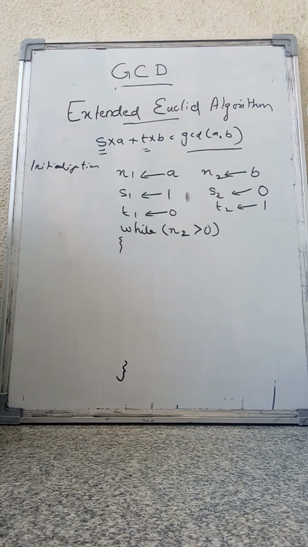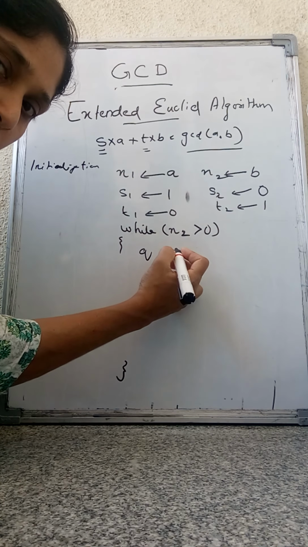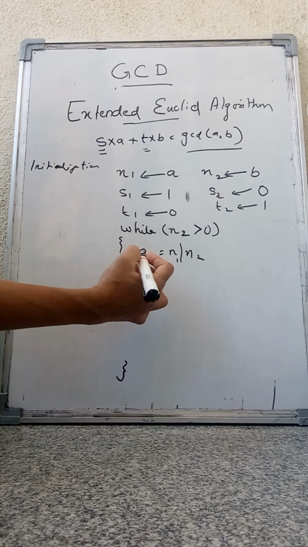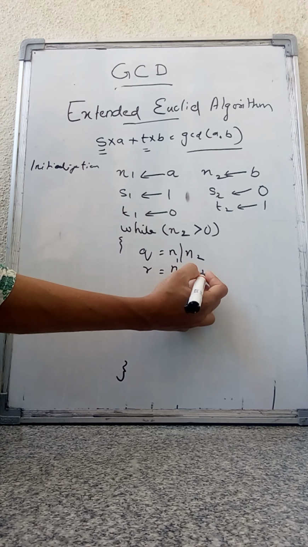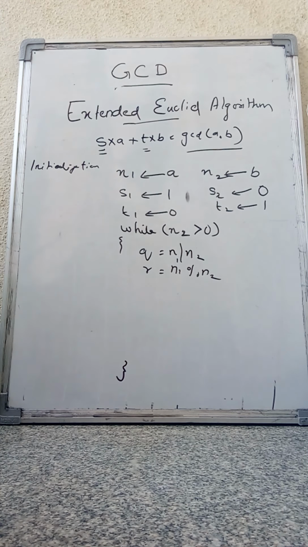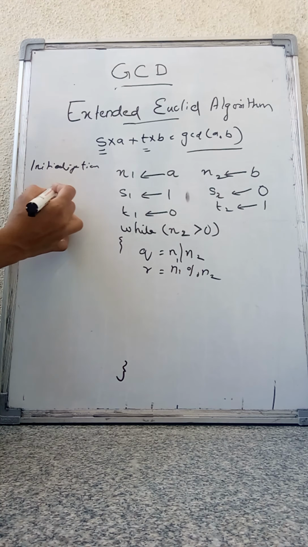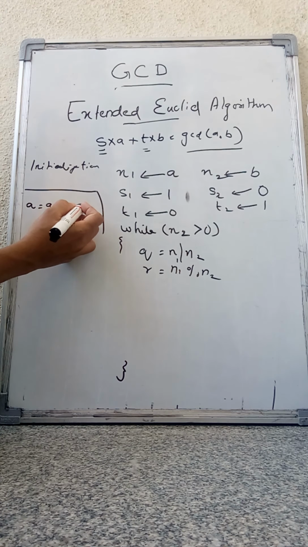Here you have to find q equal to n1 divided by n2, and r equal to n1 mod n2. Yesterday we discussed a is equal to q into n plus r.